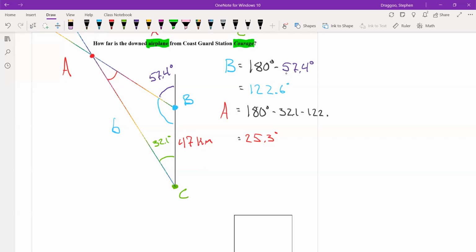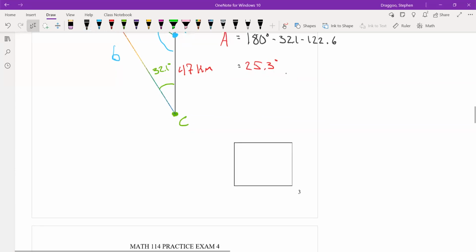And with that all together, I can go solve for side B. So I'll set up a law of sines ratio, which should read something like B divided by the sine of 122.6 degrees is equal to A, which is 47, divided by sine A, which we just got was 25.3.